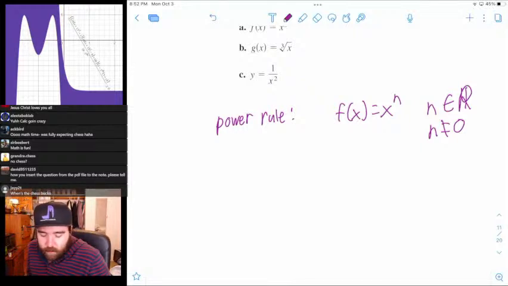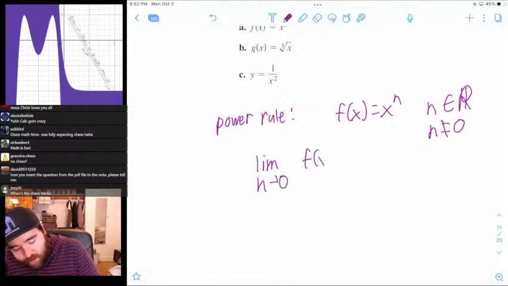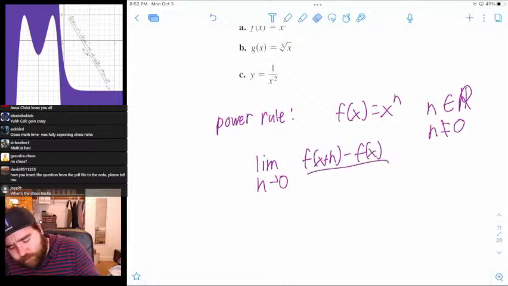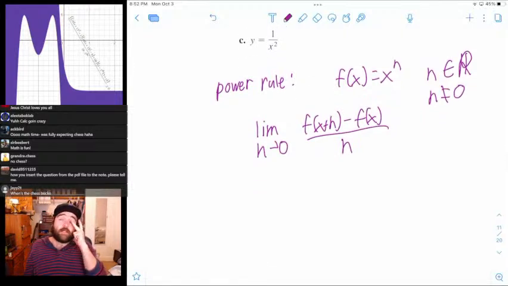Okay. So what can we do then? What is the limit definition of the derivative? The limit as h approaches 0 of f of x plus h minus f of x over h. Okay. So I see how this works if it's an integer.